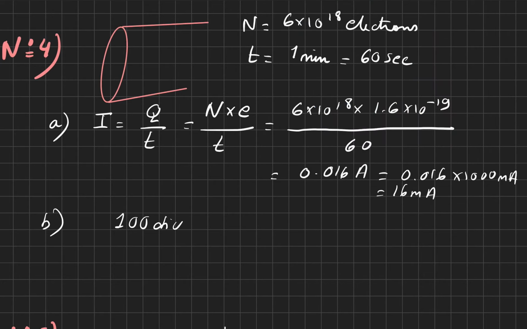So what we're going to use is, let me change the color. So we're going to say here we use the 20 milliampere scale, because, let me write 20 in a better way, 20 milliampere scale.